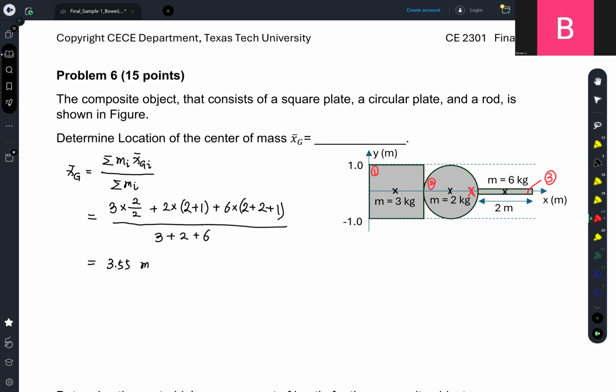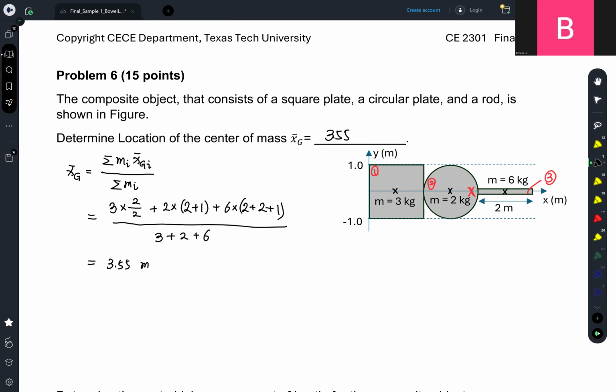At least we would expect the center of mass, since it is a weighted average, it will drift a little bit more towards the part that has a larger mass, right? Okay, so now we have the location of the center of mass of that.